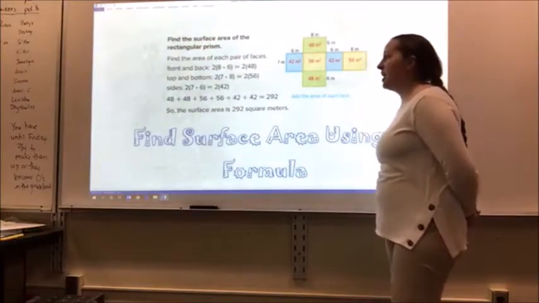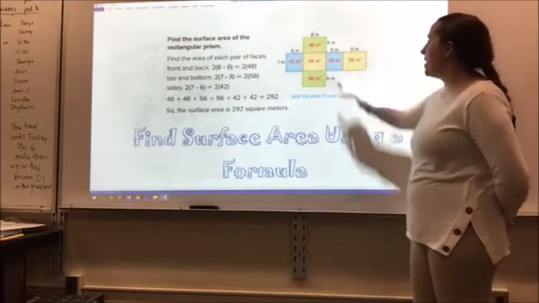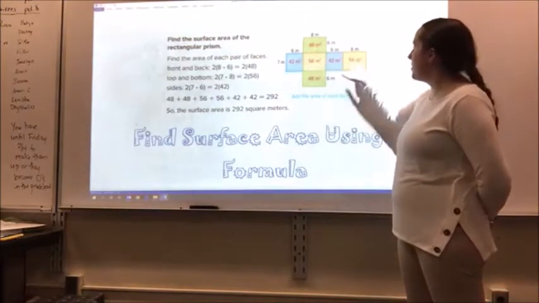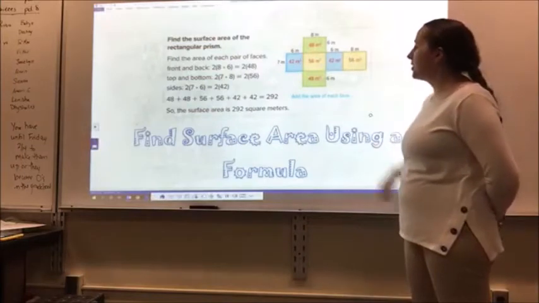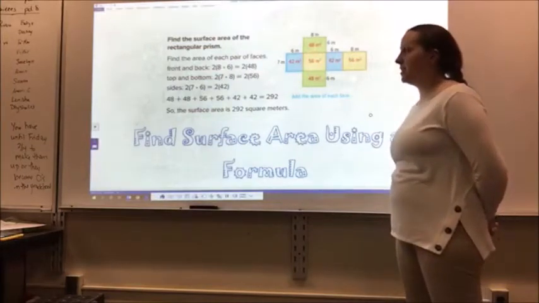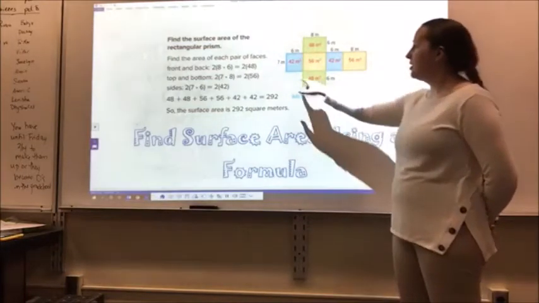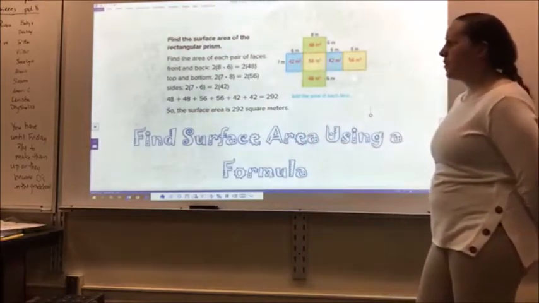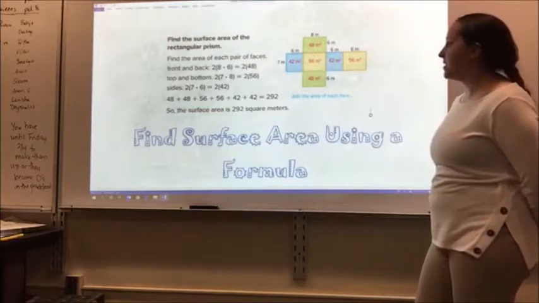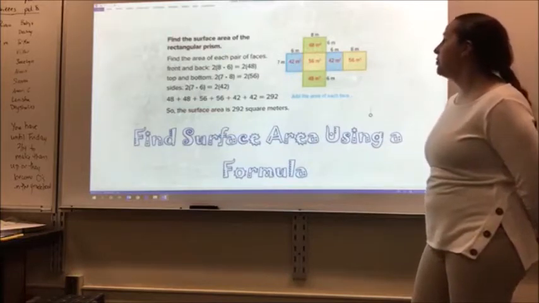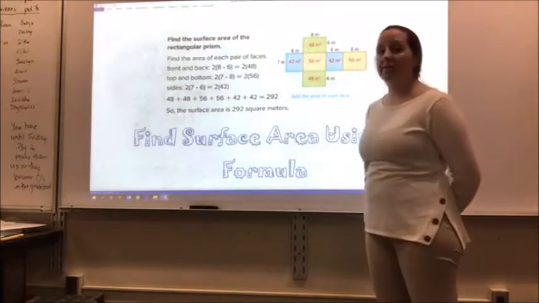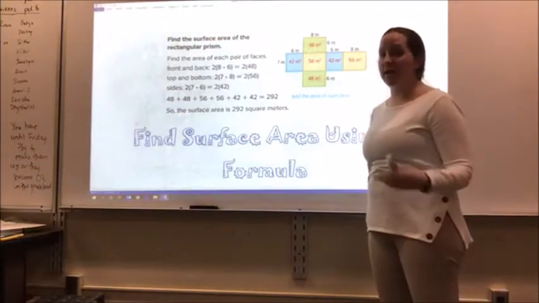Then 2 times 7 times 8 is my top and bottom, so that's 2 times 56. And then the sides, 7 times 6, and there's 2 of them, so 42 times 2. So 48 plus 48 plus 56 plus 56 plus 42 plus 42 is 292 square meters. Okay, so I'm finding surface area, so area again is squared.